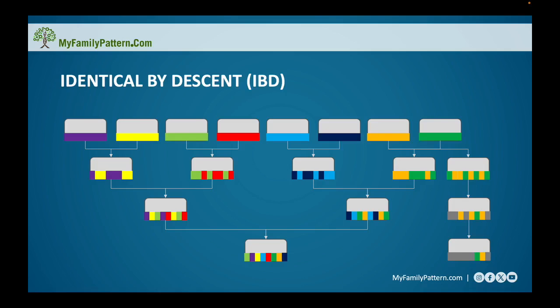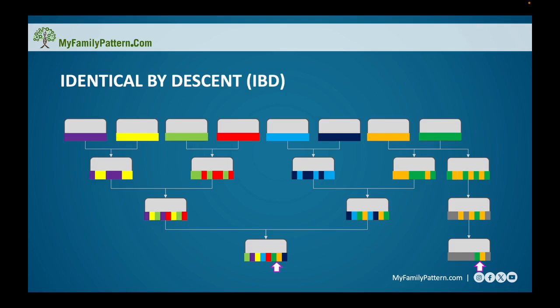But this green and orange we actually do share, and that represents the amount of DNA we share in common with our cousin. We share it because we share a great-grandparent, and the DNA we inherited is identical by descent.